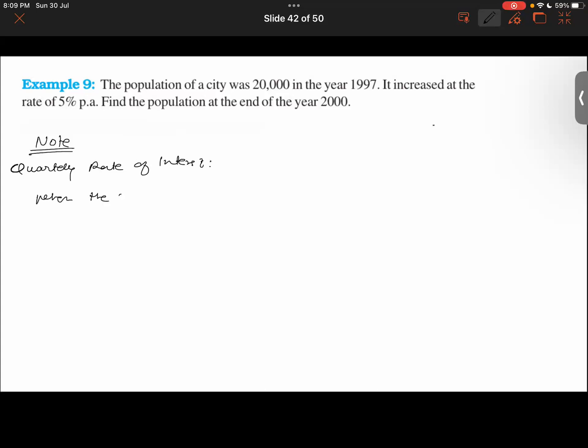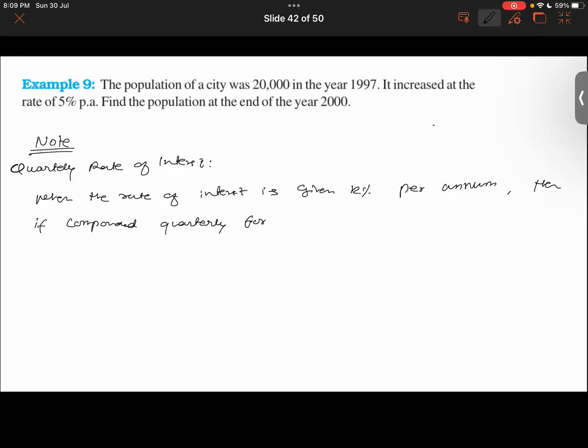When the rate of interest is given R% per annum, and it is compounded quarterly, for how many years?